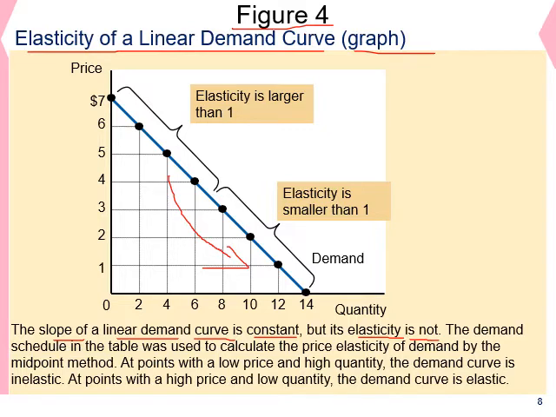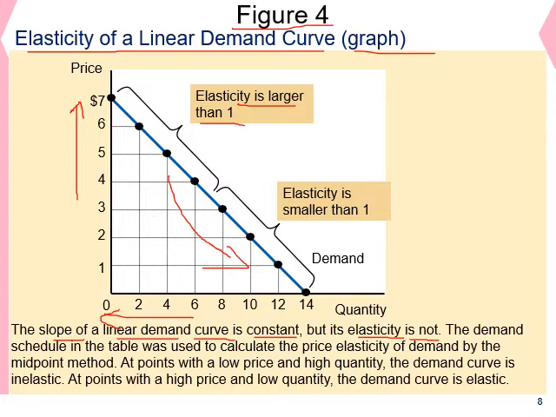The value of the elasticity is not constant. For high price and low quantity, the elasticity is larger than 1. So demand will be elastic on the top of the demand curve.